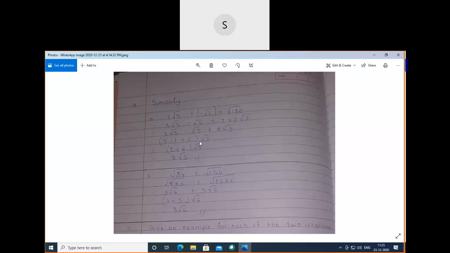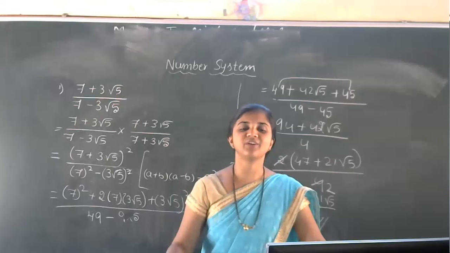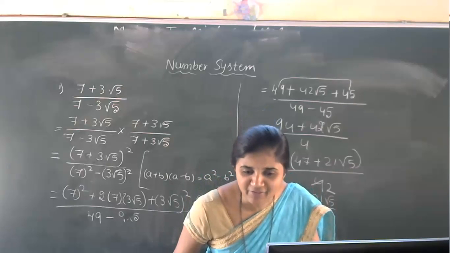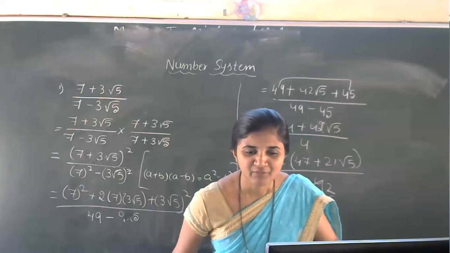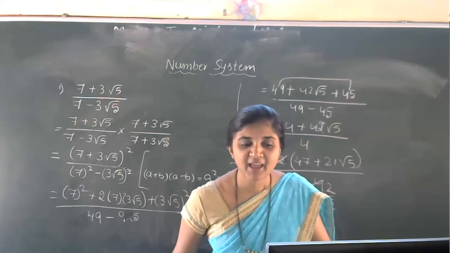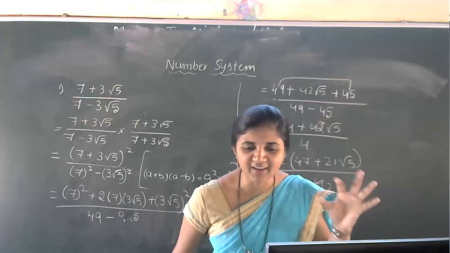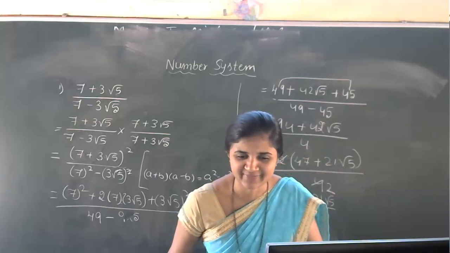Shreya says: Mataji, hi. We stop simplification at 94 plus 42 root 5 divided by 4. Then what happens in the examination? Half marks will be cut for that, Shreya, because we need the final simplified answer.